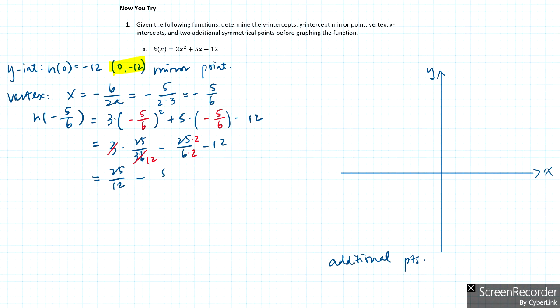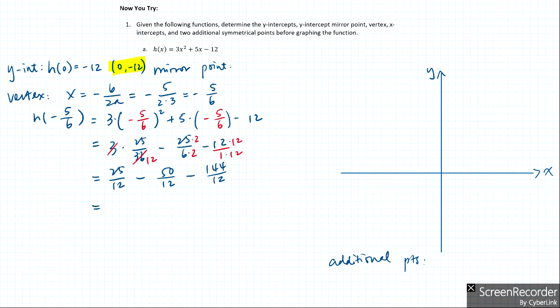Then we would have 50 over 12 here minus 12, which would be identified as over 1, and in order to get the denominator to be 12, we multiply by 12 on both sides, which leads us to 144 over 12. Calculating all this, we have 25 minus 50, which is negative 25.